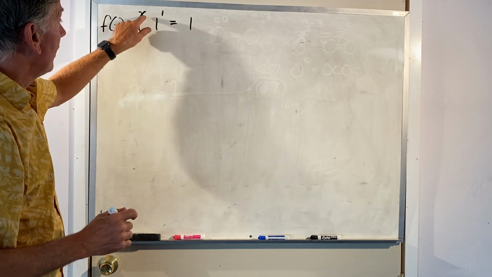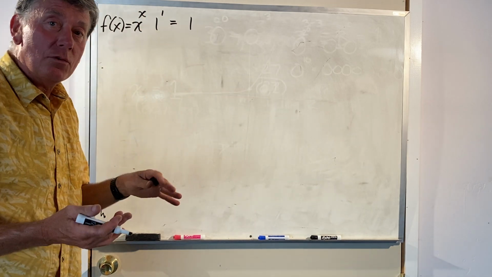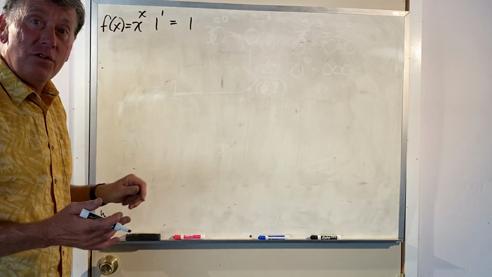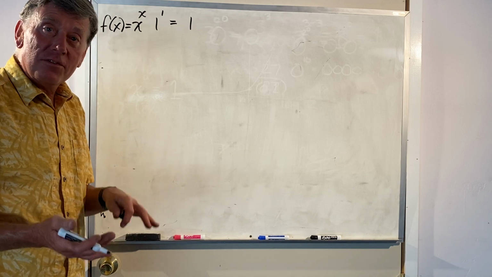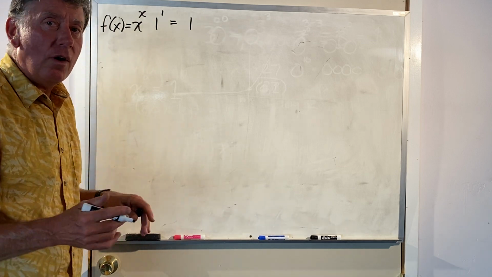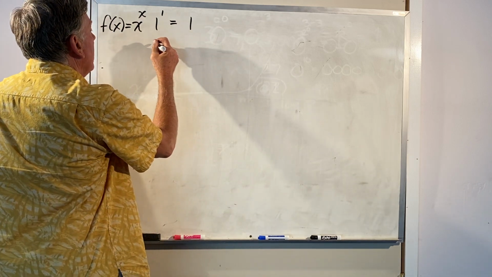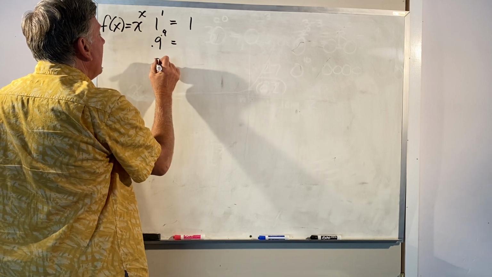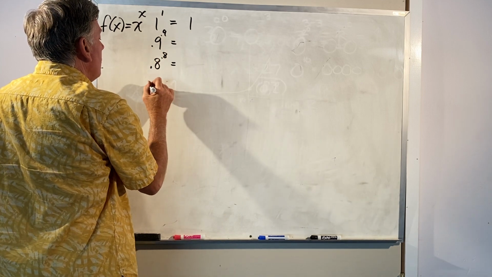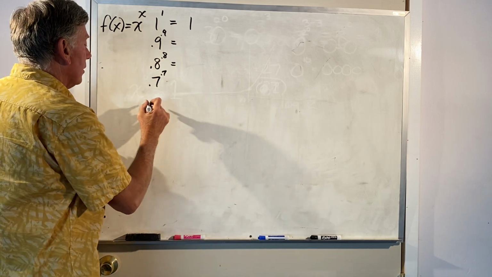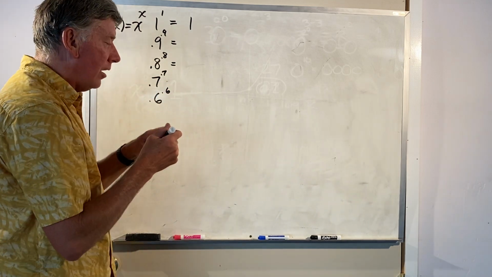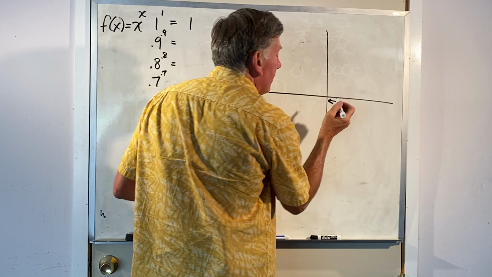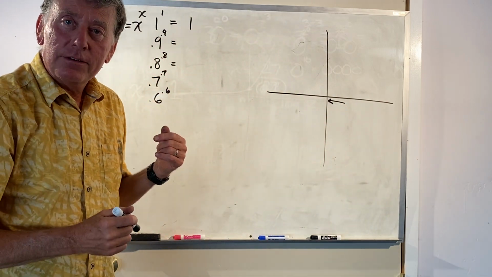If x is 2, the exponent is 2, and f of x is 2 squared, which is 4. If x is 3, 3 to the third, 3 times 3 times 3 is 27, and so on. Let's look at, as we go down, 0.9 to the 0.9 power, 0.8 to the 0.8 power, 0.7 to the 0.7 power, 0.6 to the 0.6 power. What I am doing graphically is approaching 0 from the right.